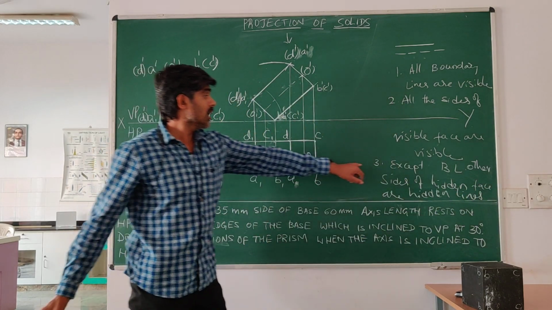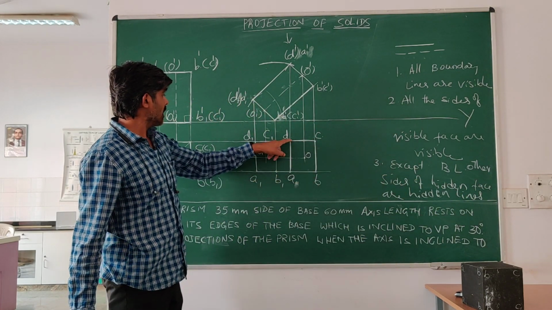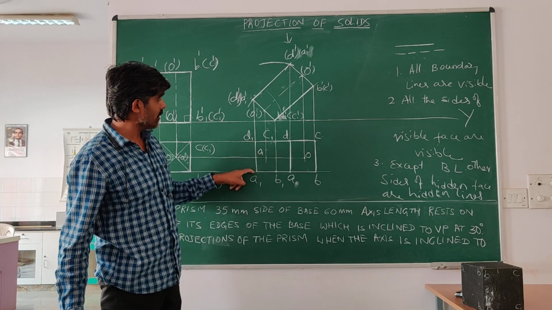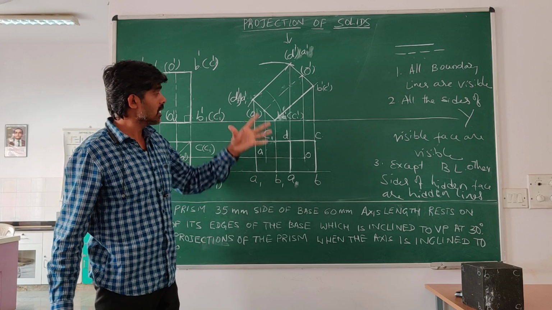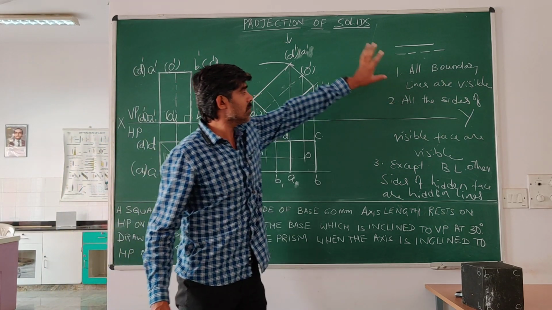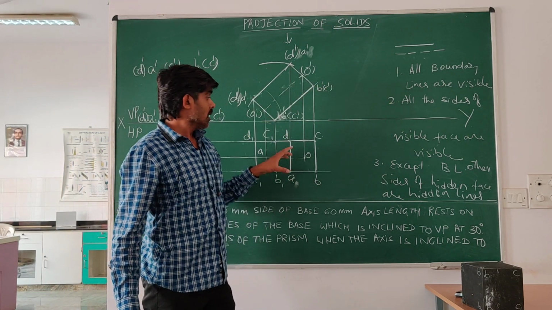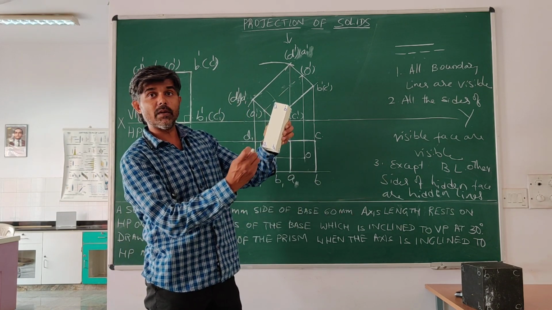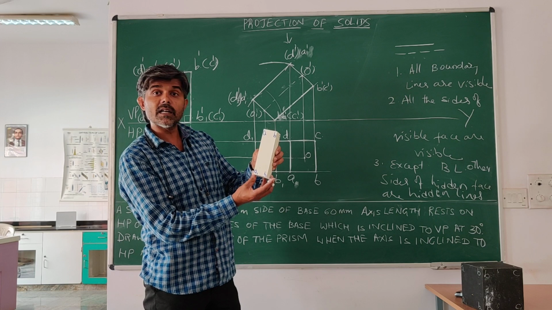I repeat, except boundary lines, that means D1, C1, D1, A1, B1, A1, D1. These three lines are boundary lines. They are visible according to the first condition. Now, for the face A1, B1, C1, D1, three sides are already boundary lines.